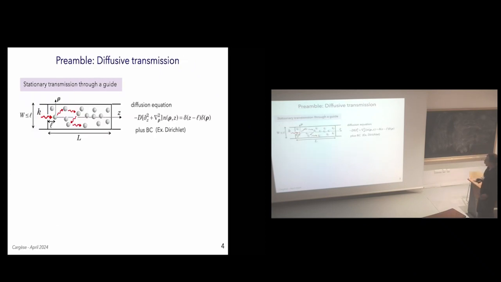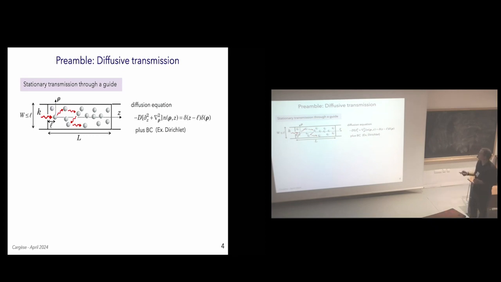Also relevant in certain experiments is the in and out configuration. This configuration in quantum physics has been historically explored a lot in the context of mesoscopic physics of electrons, where people were interested in looking at the transport of electrons through mesoscopic disordered conductors or wires or films.